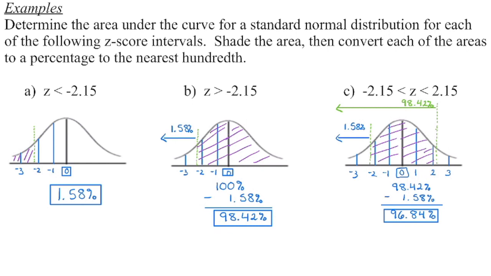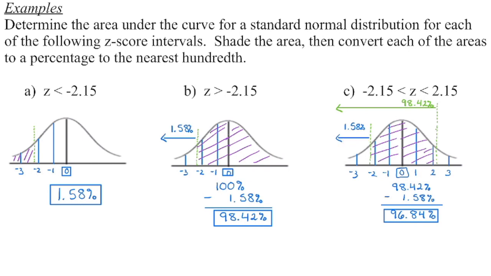And then with the last one, we're looking at what percent of the data is between negative 2.15 and positive 2.15. Now, we already established that the percent of data to the left of that negative 2.15 is the 1.58%. So I know to the left of that, this part that's not shaded, that's 1.58% of my curve.